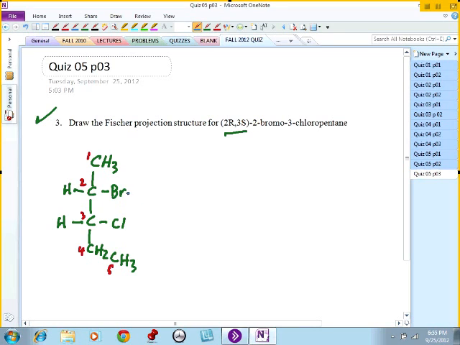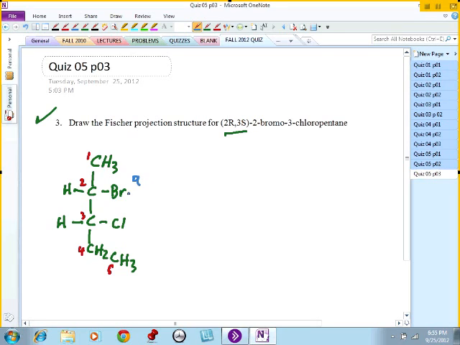What does that look like? What is the absolute configuration? To do that, what do we need to do? In this case, we are already in a Fisher projection, so you don't need to worry about the Fisher projection at this time, right? Everybody get this? Okay. So focus on carbon number 2. What is the priority for carbon number 2?